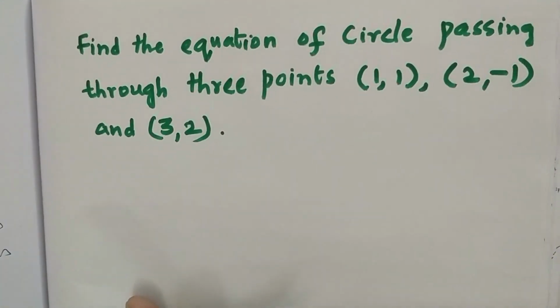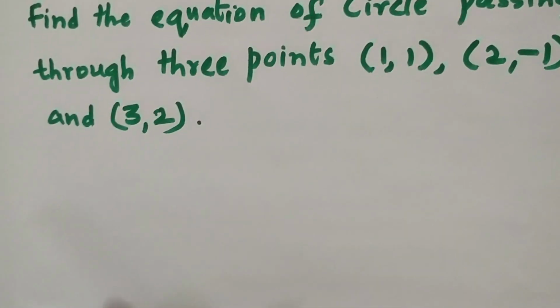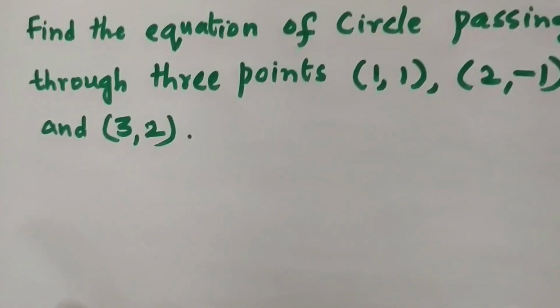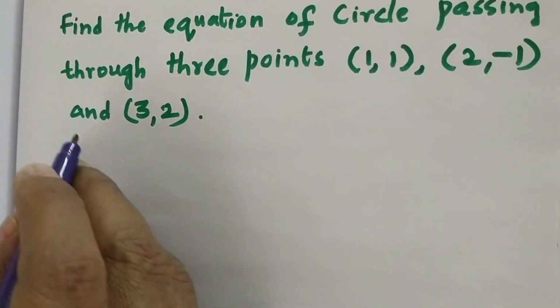Find the equation of circle passing through given 3 points (1, 1), (2, -1) and (3, 2). See how you can do this.